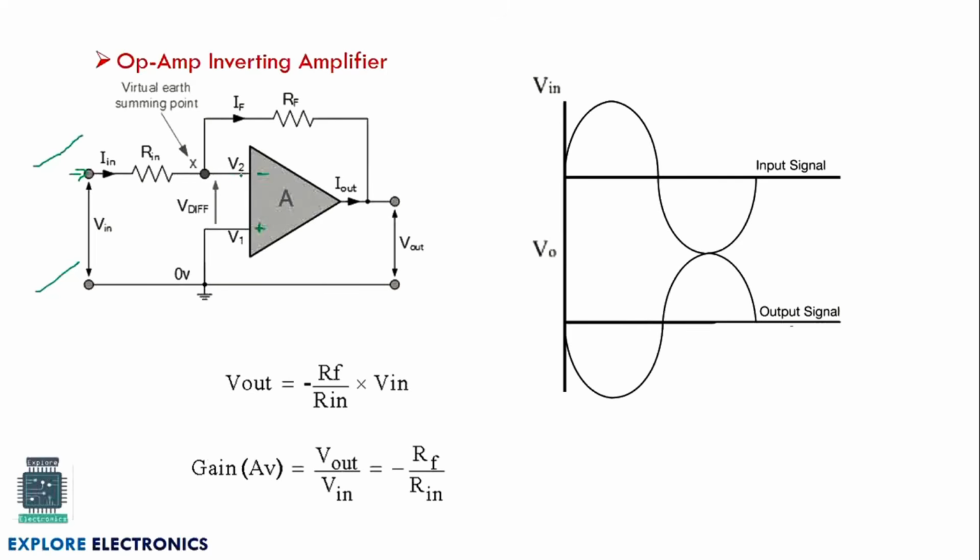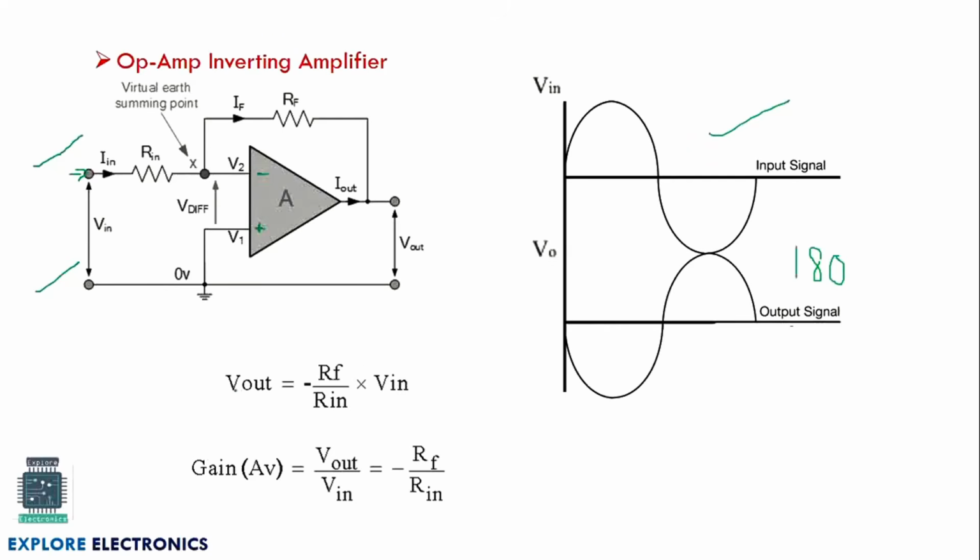Negative feedback in the sense, in amplifier circuits we are going to use negative feedback, which we have discussed in the previous video. So once we apply the voltage to the inverting terminal, obviously the output will have a 180-degree phase shift. Here you can observe this is the input signal and the output signal will be 180-degree phase shifted. So exactly the inverted output we are going to get.